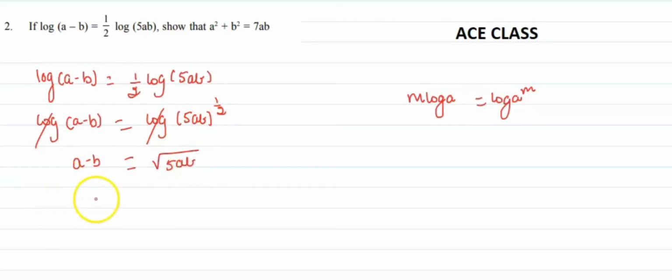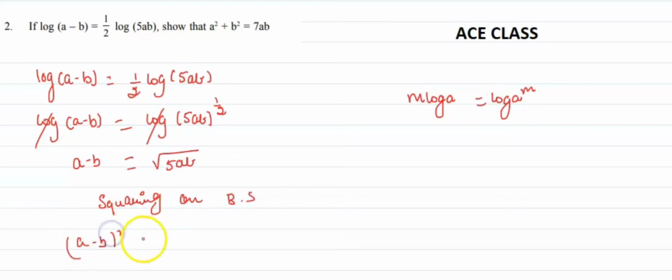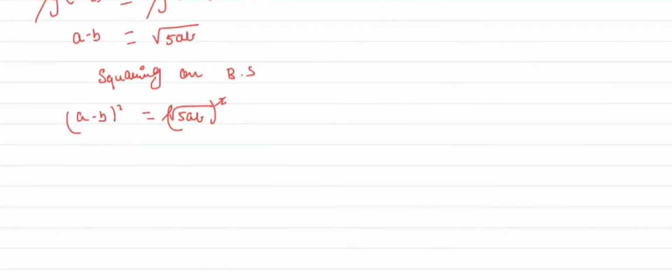Now squaring on both the sides, that is (a minus b) whole square will be equal to (root of 5ab) whole square. Square and square root will get cancelled. So (a minus b) whole square, that is a square plus b square minus 2ab, will be equal to 5ab.